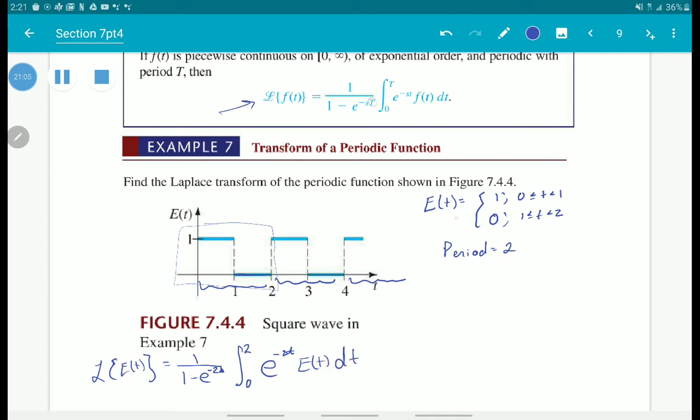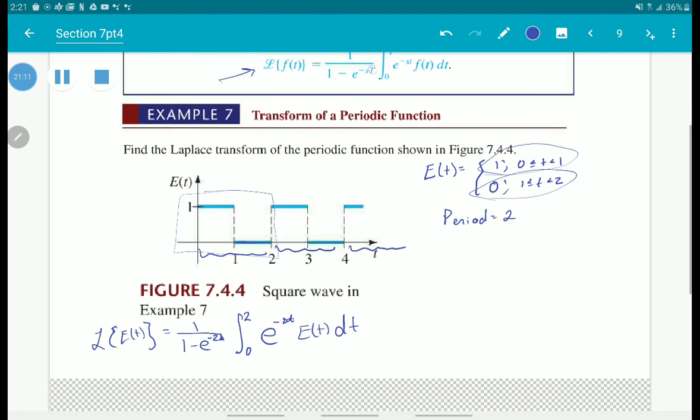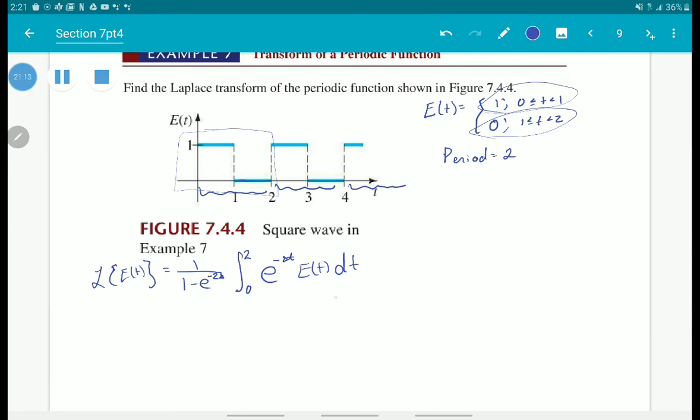Now remember, our e has different values from 0 to 1 and then from 1 to 2. So that means we're going to have to take this guy and split it into 2 pieces. So we're going to have to go from 0 to 1, and then from 1 to 2.